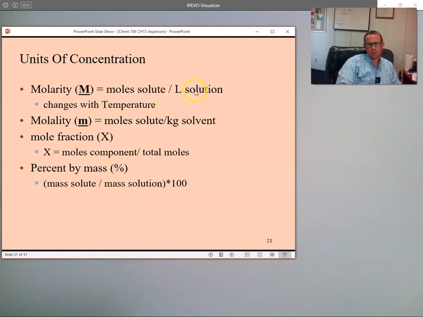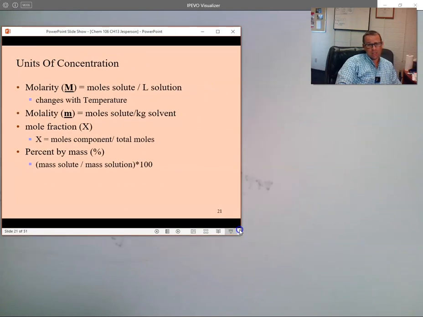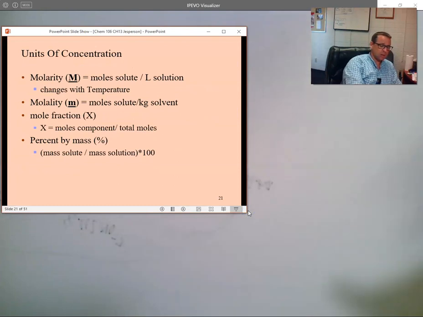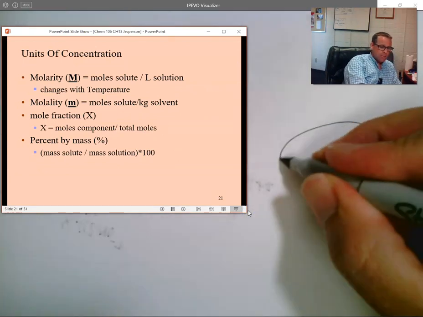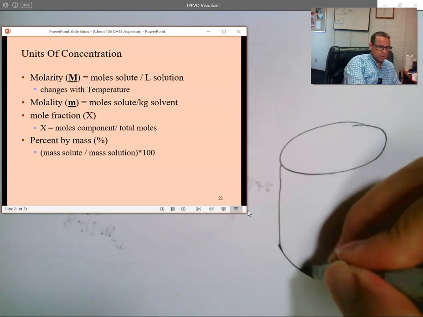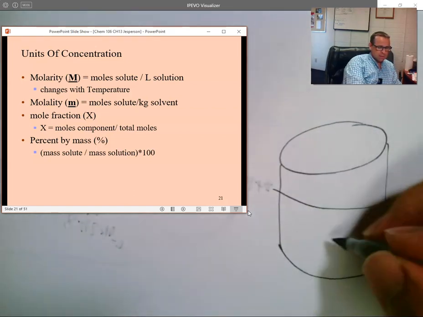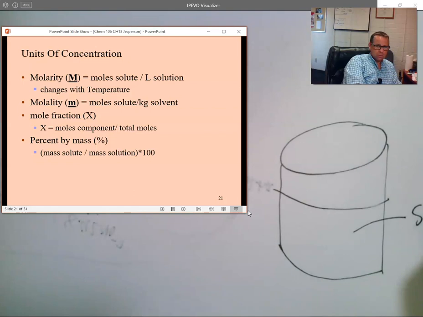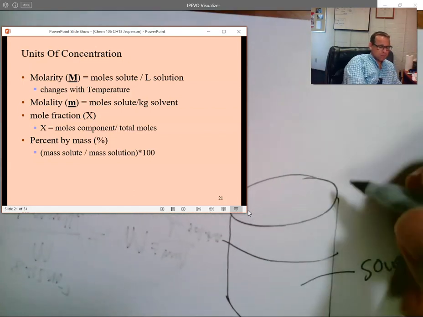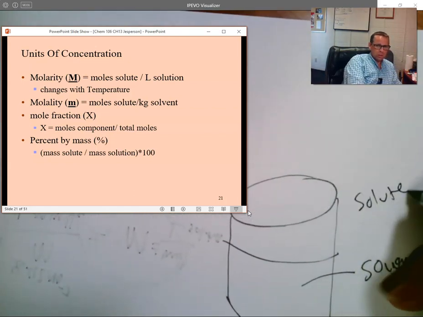Molarity, moles of solute per liter of solution. Hopefully that is one that we can work from and understand what that means. The big deal about molarity is remembering that it's not liters of solvent. It's liters of solution. And just in case it's been a long time for somebody out there, remember that when we are making a solution, we're mixing a solvent with a solute.